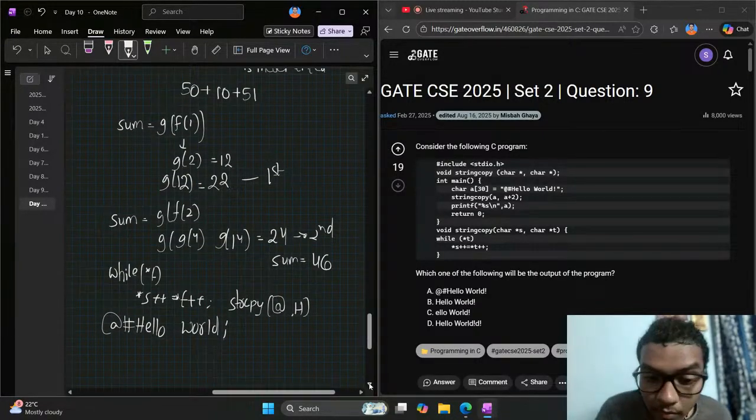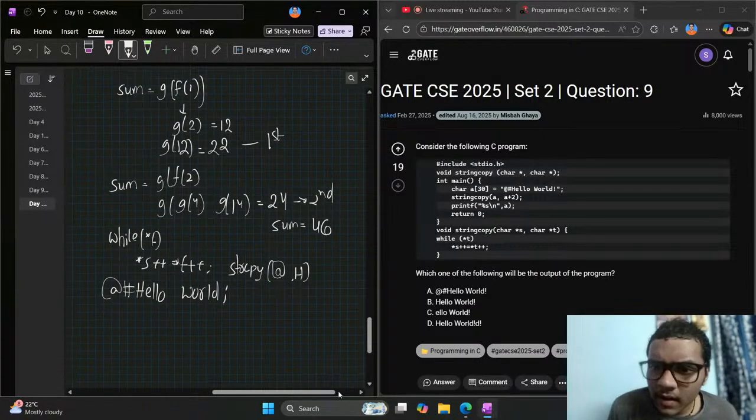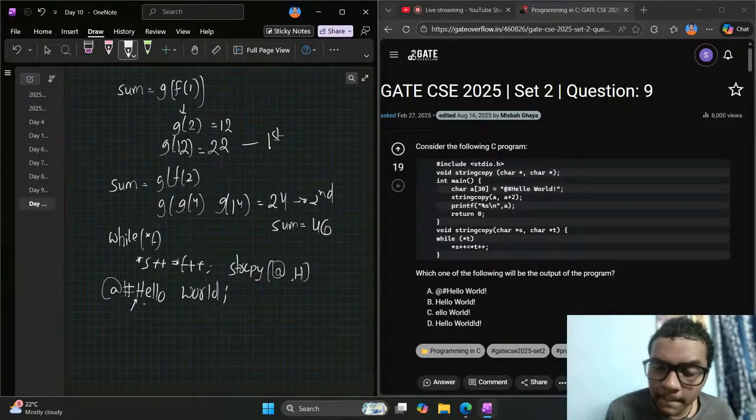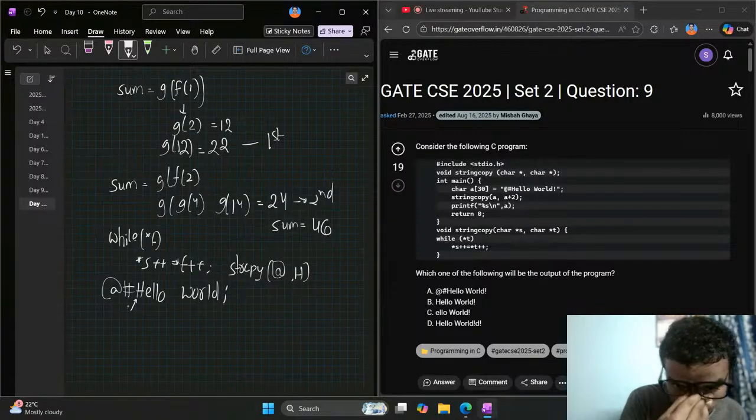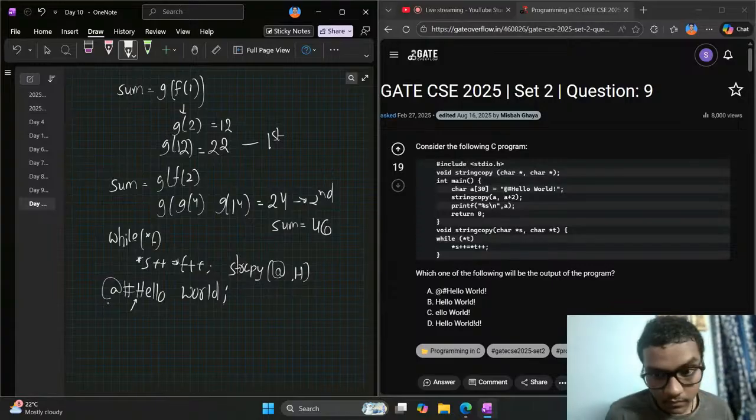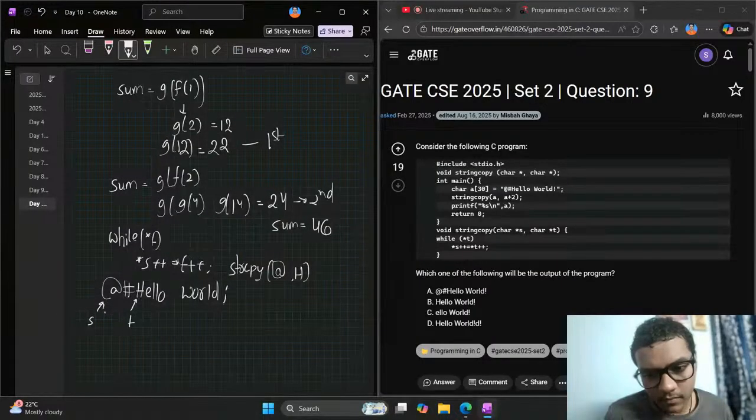This was called, and now what does it do? T is the second one, so while this thing exists, this is actually S and this is T. So S plus plus is equal to T plus plus.